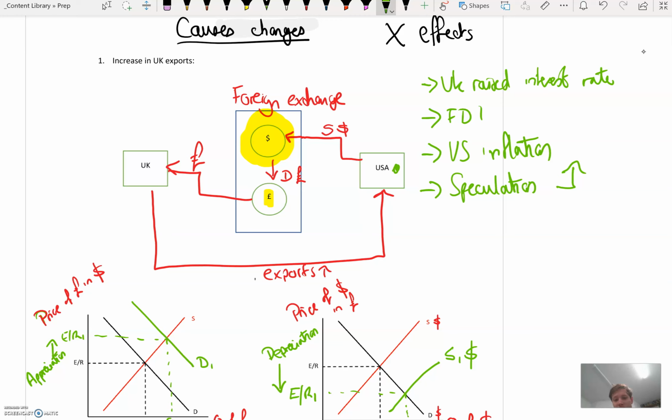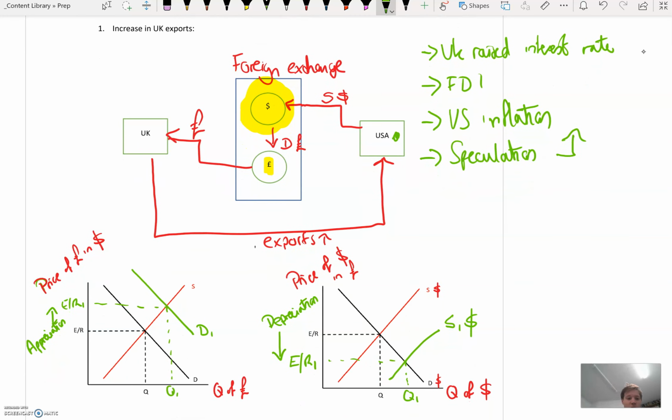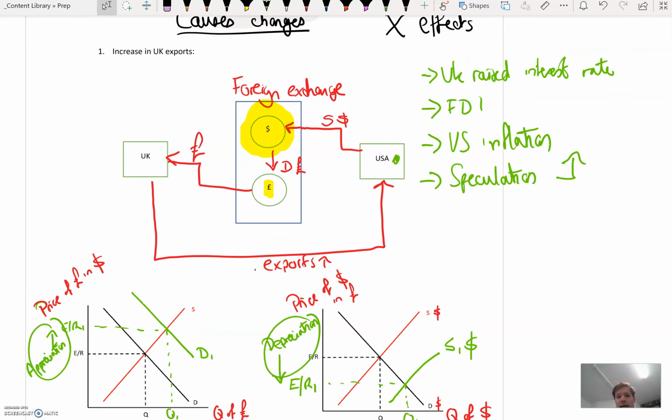And their aim is that, expecting that the UK pound is going to appreciate, expecting that the US dollar is going to depreciate, they then go and buy the pound. So, to buy the pound, they take their dollars, leave them in the foreign exchange shop, exchange them for the pound, and then keep their pounds in the expectation that they're going to go up in value.